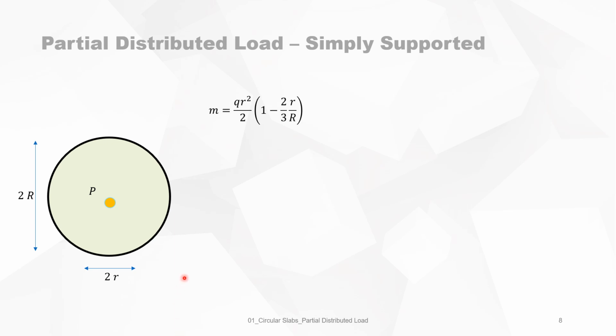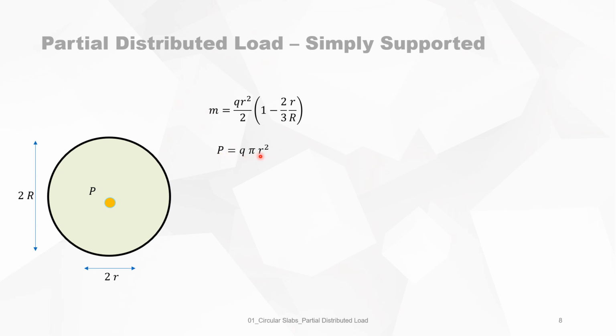We can now look at the general formula that we have found for a partially distributed load. And we say that P, the point load, in fact it's not a point load, but a very concentrated region of load equal to Q pi r squared.